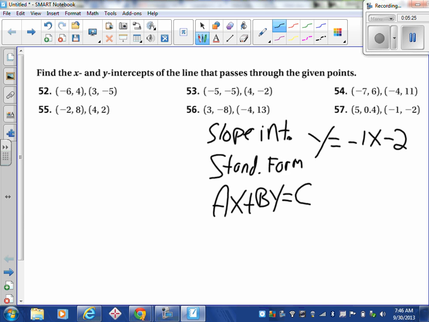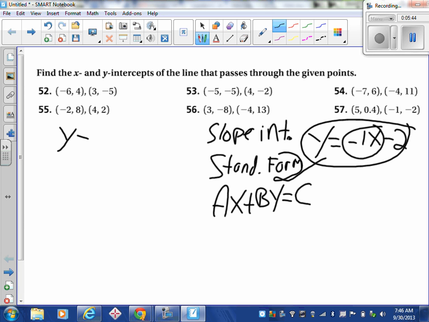So if I take this equation right here, and I got to change it into standard form, I need to move a -1 to the other side. I have to put my x's and my y's on the same side. So if I have the equation y equals -1x minus 2, draw my wall.